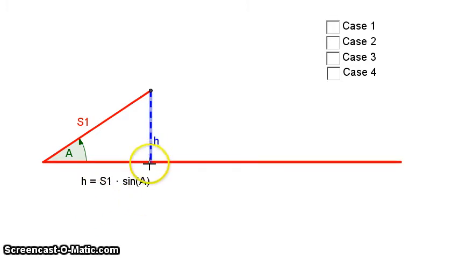Since h forms a right triangle with an angle A opposite from the side h and a hypotenuse of s1, the equation for the value of h is s1 times the sine of A. So given the information of a side, the green side that I was showing you, another side, this red side, and an angle, I have enough information to calculate the value of h that's going to allow me to determine whether the green side, the other side that's given, is going to be enough to make a triangle at all, whether it makes one triangle or whether it makes two triangles.